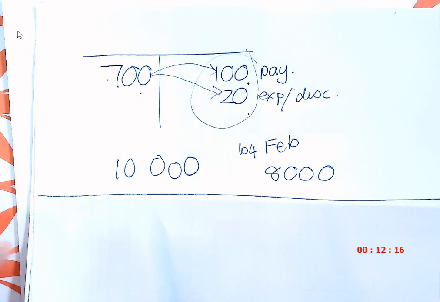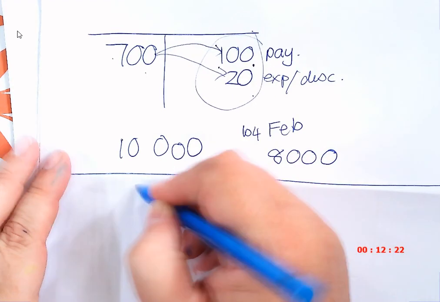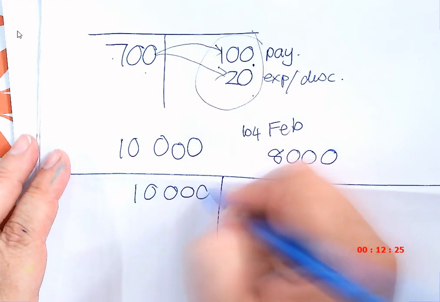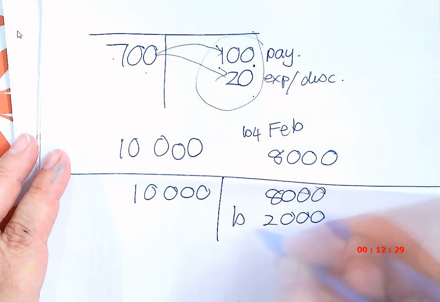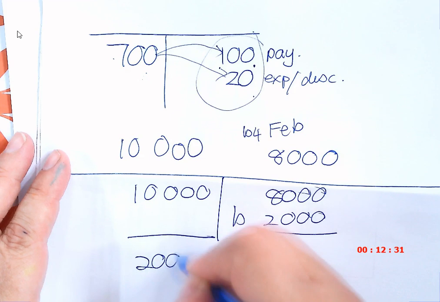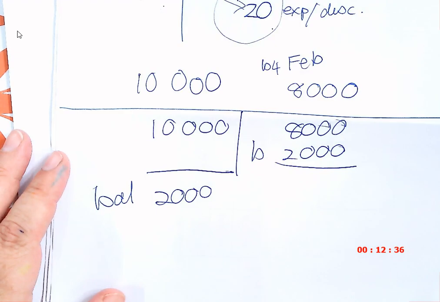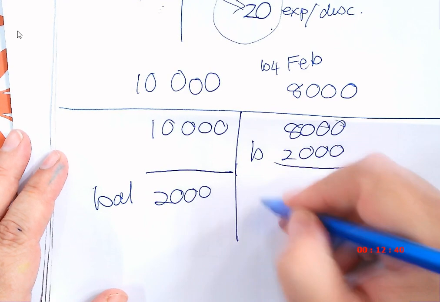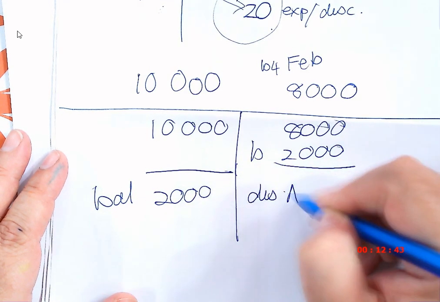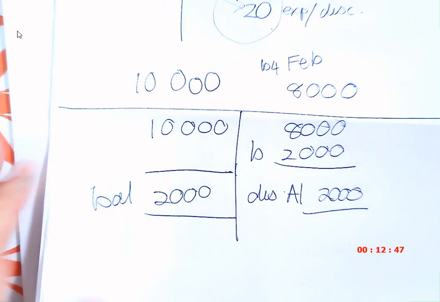Do we still owe the school 2,000? No. But in their books, if you paid 8,000, there's going to be a balance of 2,000 left. So it's going to look like you owe the school still 2,000. Do you owe the school still 2,000? No. So the school needs to put something in their books. So they're going to say, discount allowed 2,000. Now, can you see? You owe nothing.